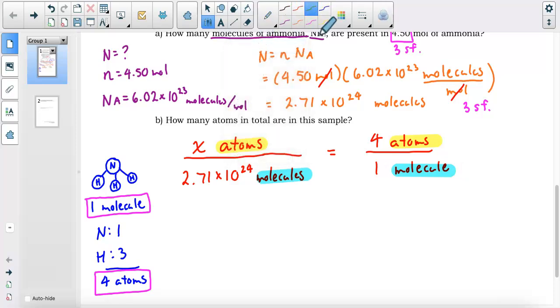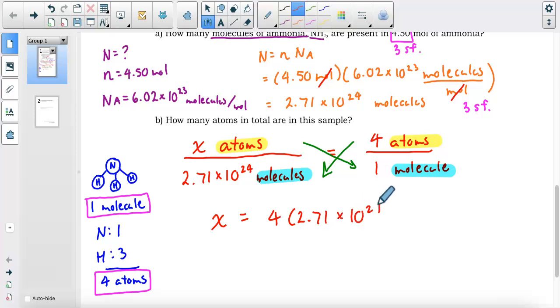And going back to your previous math skills, to solve for this unknown variable, you're just going to cross multiply. So we have x multiplied by 1, which is equal to x. Then you have your 4 multiplied by your 2.71 times 10 to the 24.